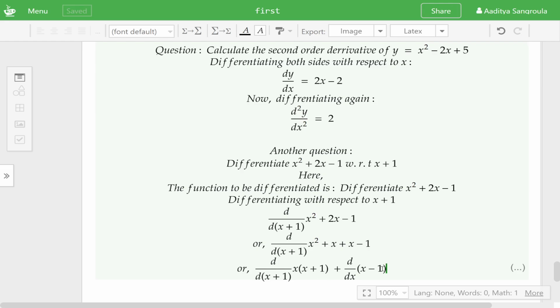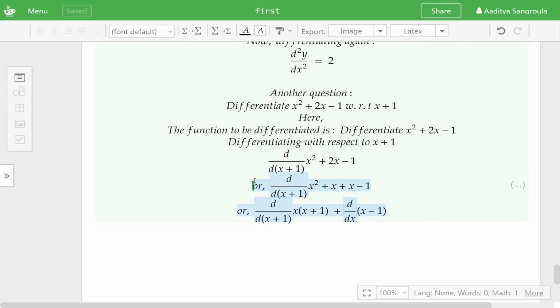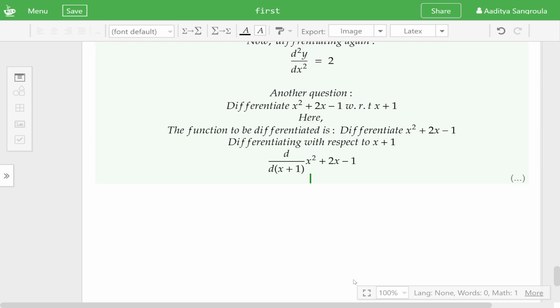I think I want to do something else. This is getting so long, I don't want to do that. So what I do is, look at the trick. This is what we have, right? So we will divide.